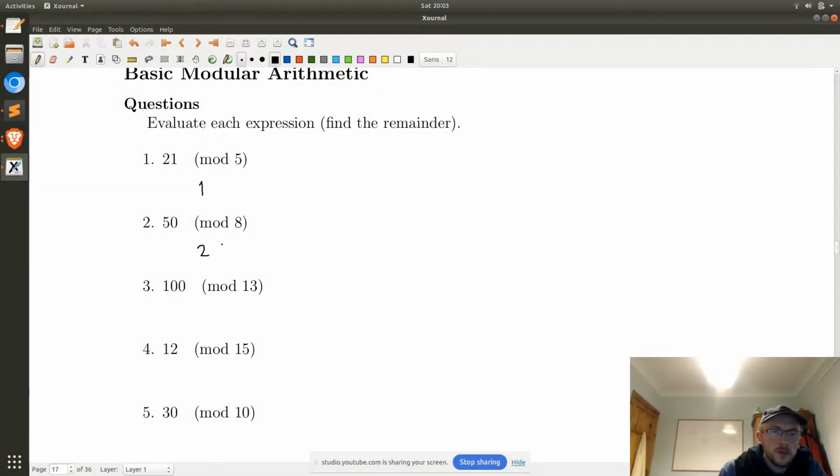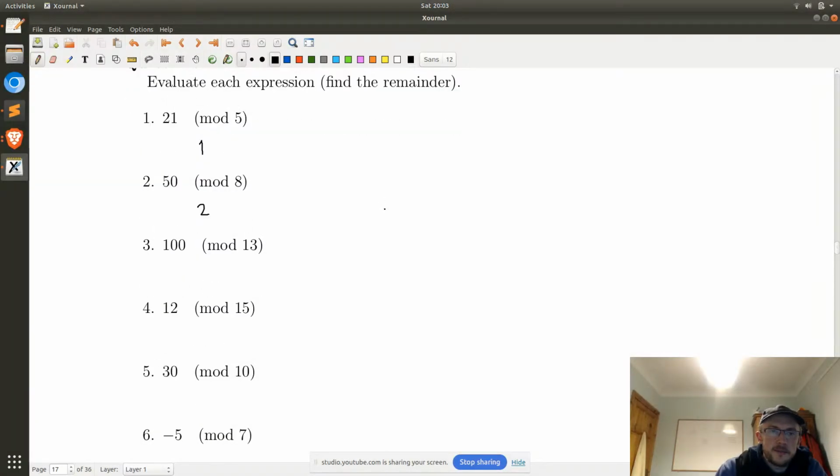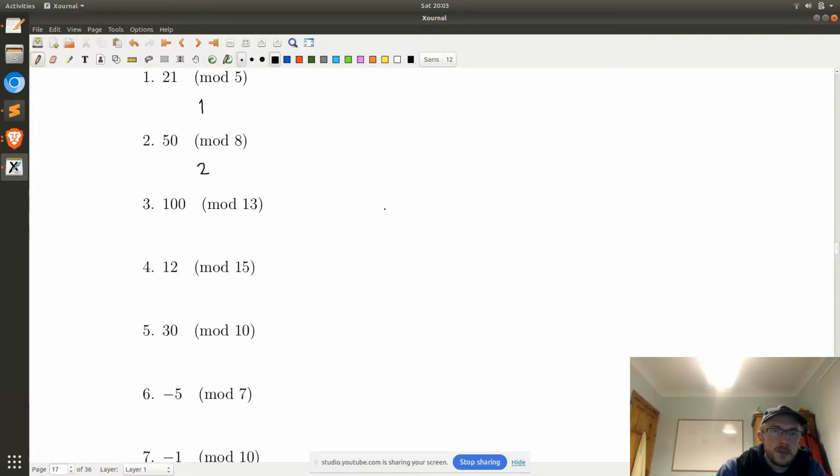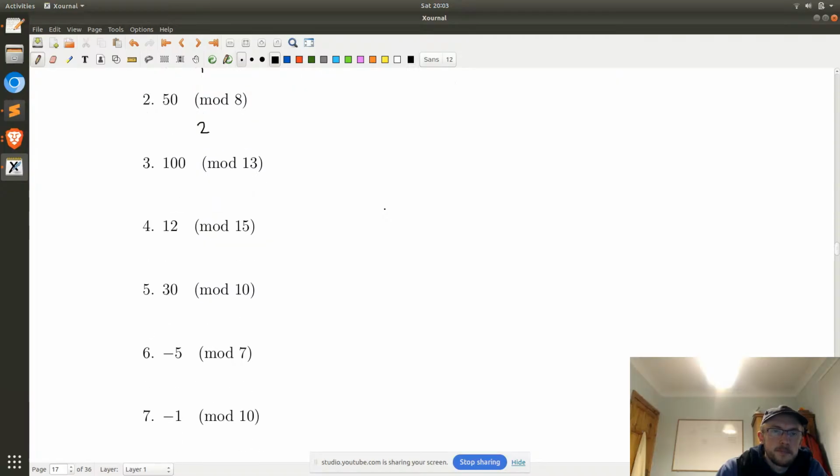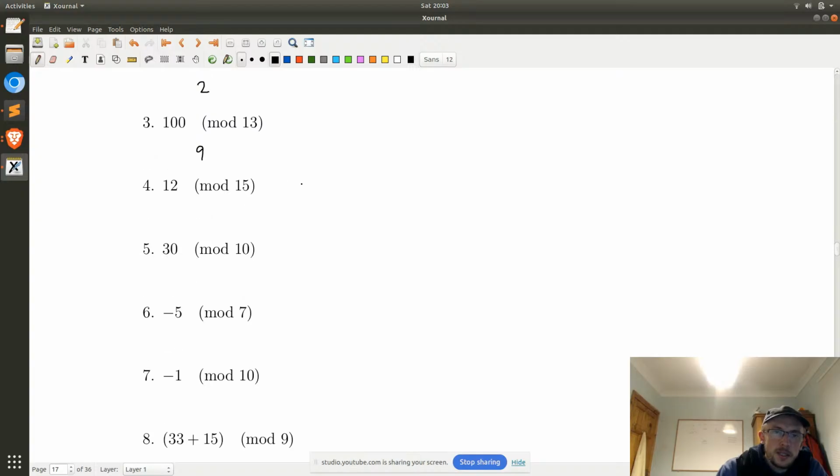For here, the answer is 2 because 8 times 6 is 48. So there's 2 left over. 100 divided by 13 is 7, remainder 9. So the answer is 9. Now, what do I do here? Because it's larger than 12. Well, 12 divided by 15 is 0, remainder 12. So the answer is 12.